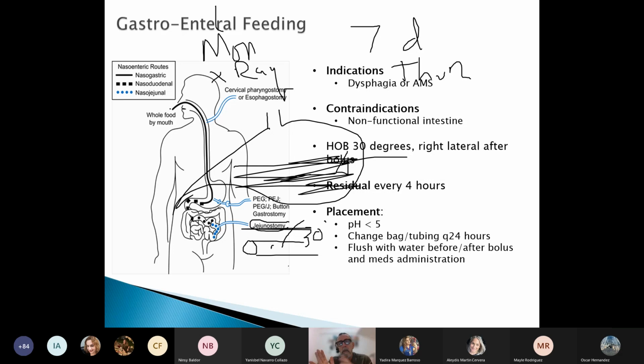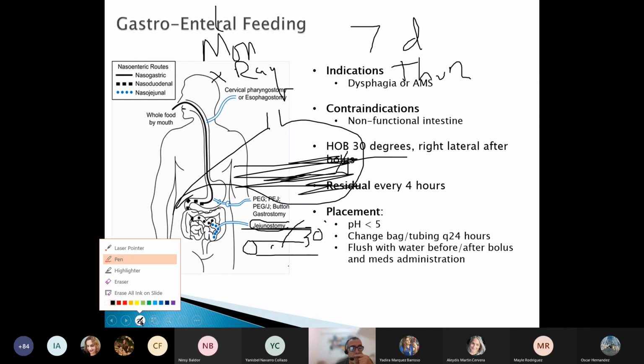And as I said, if the pH is not acid, then there is doubt, I don't know where the tube is, so a second X-ray could be ordered by the physician. In the majority of cases it is the pH, and as long as the pH is acid, you are comfortable.